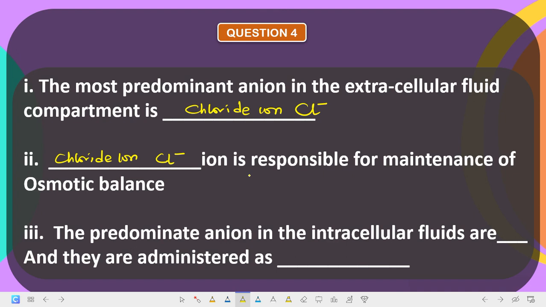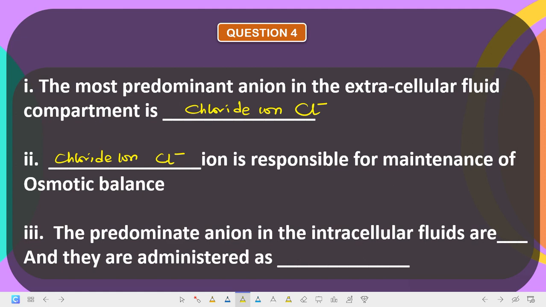Now, the predominant anion in the intracellular fluid is dash, and they are administered as dash. This one seems complicated. Anyway, let me think.